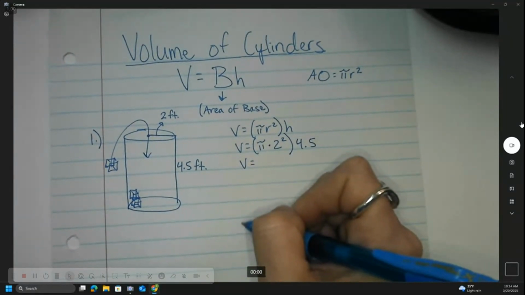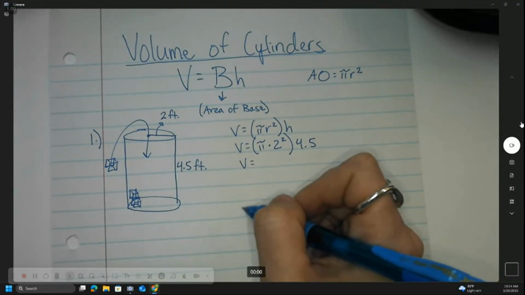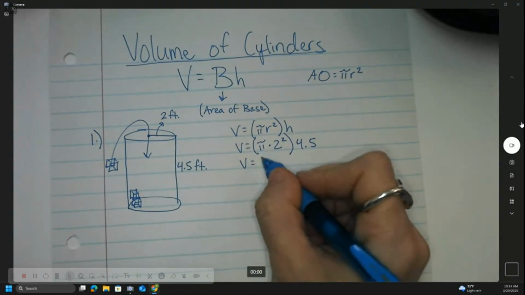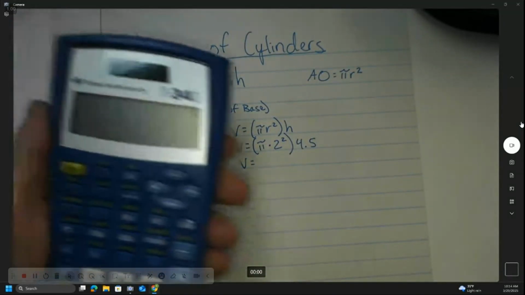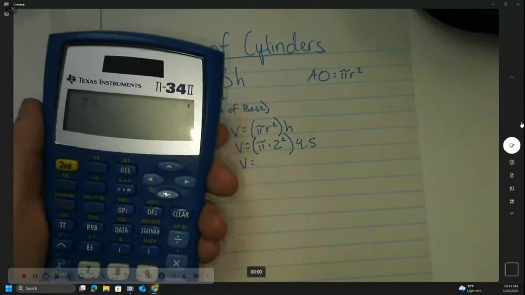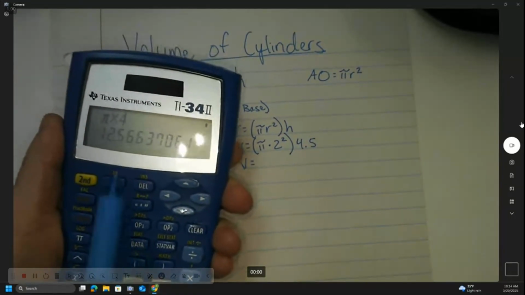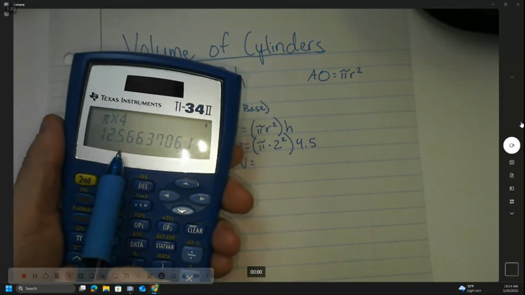Let's go ahead and solve for it. 2 squared is 4, and pi is 3.14, or actually I want you to use the pi button. The pi button is right there, times 4. Round to the nearest tenth. That 6 turns that 5 into a 6.